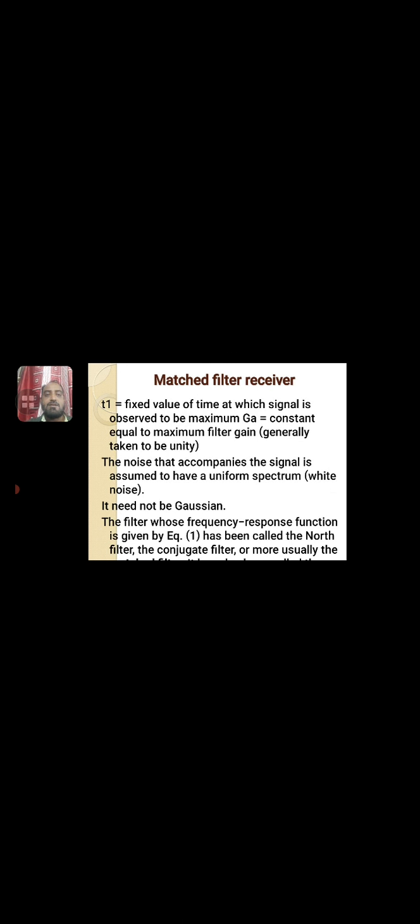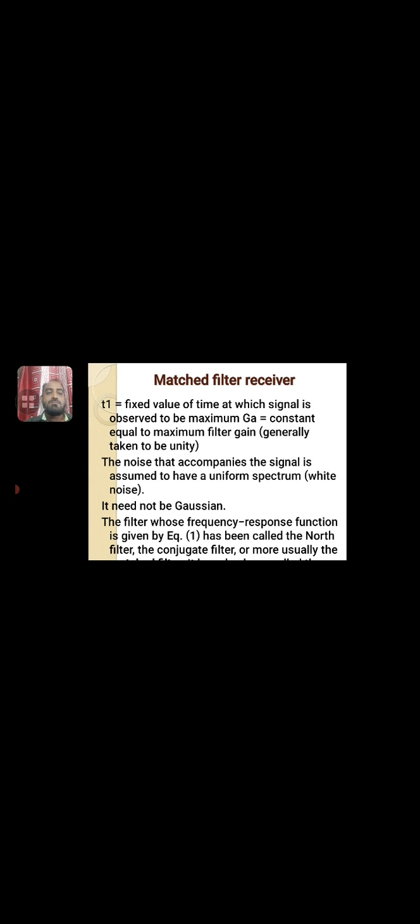Okay, so the filter whose frequency response function is given in equation 1 has been called the matched filter, or the conjugate filter, or more normally this is called the conjugate filter.